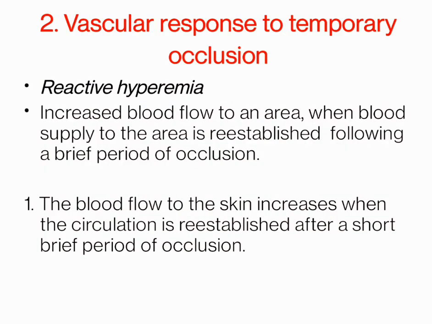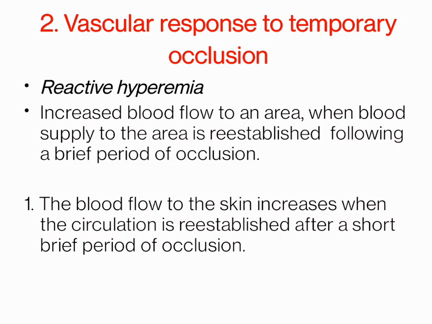The last component of the applied physiology is the vascular response to temporary occlusion. In this, we can see reactive hyperemia occurs in response to temporary vascular occlusion. What exactly is reactive hyperemia? It is defined as increased blood flow to an area when blood supply to the area is re-established following a brief period of occlusion.